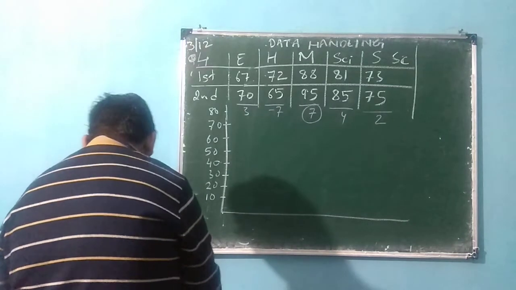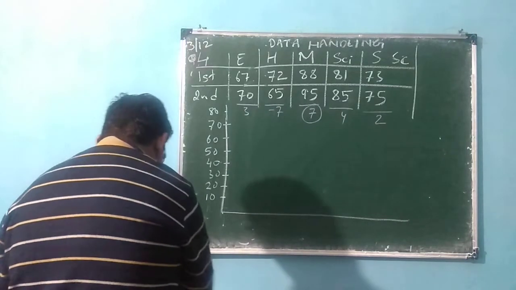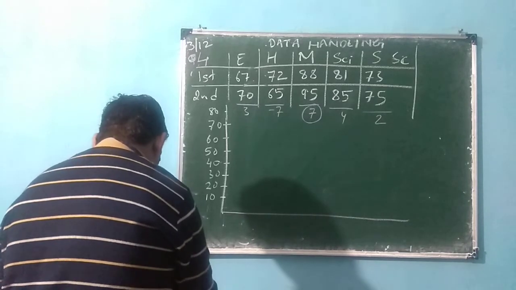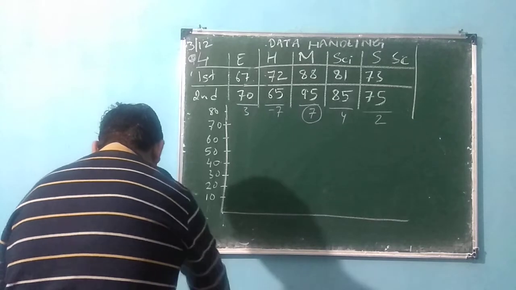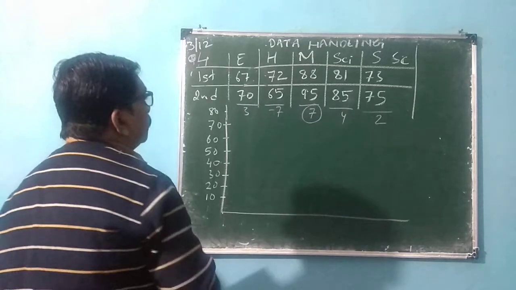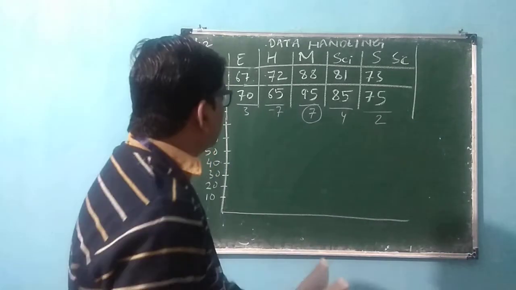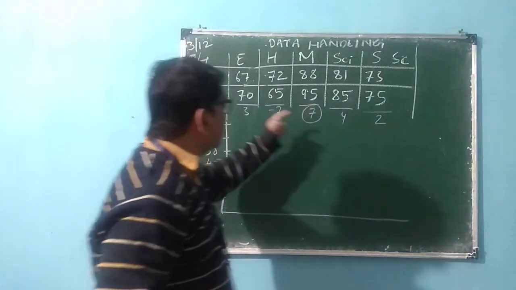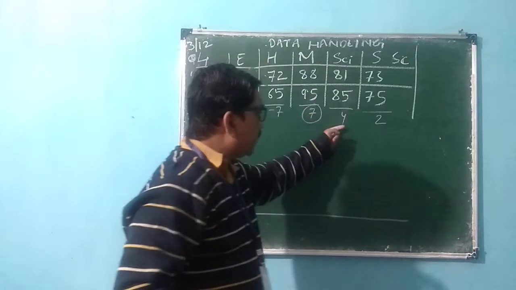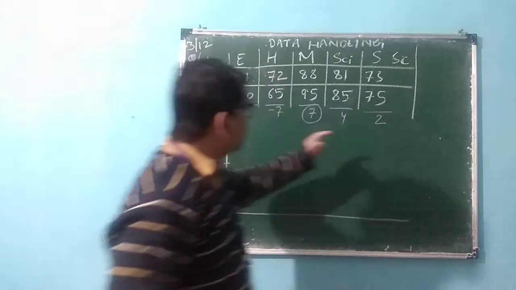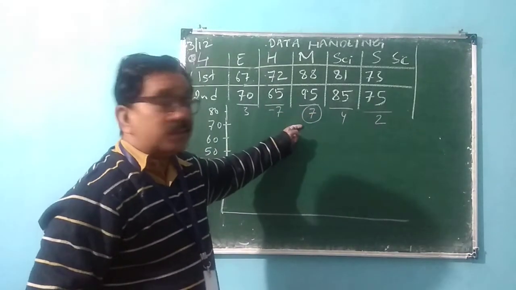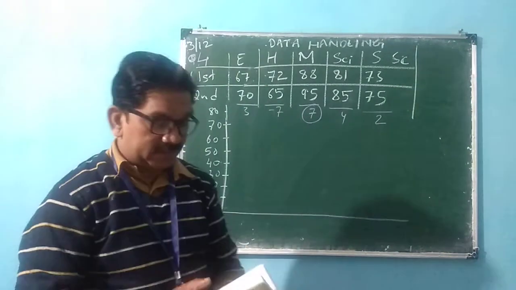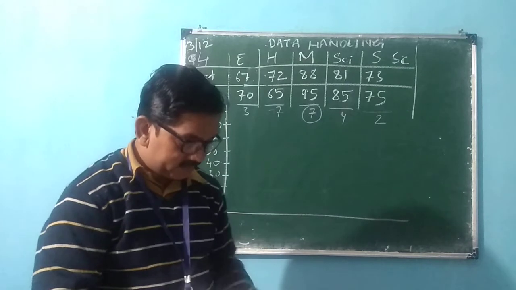So we can say that the improvement in maths is more, because here the marks have increased by 7, but here the marks are reduced. Here the marks are also increased, here also the marks are increased, but here the marks have increased more than the other subjects. Okay, so we will say this.